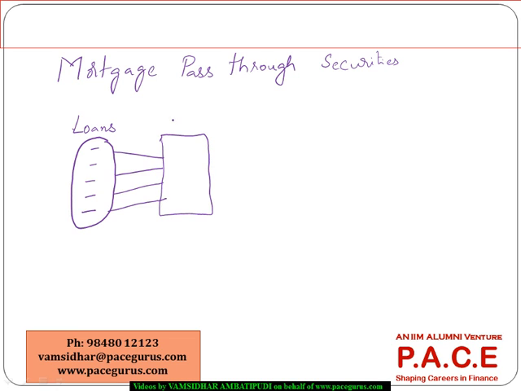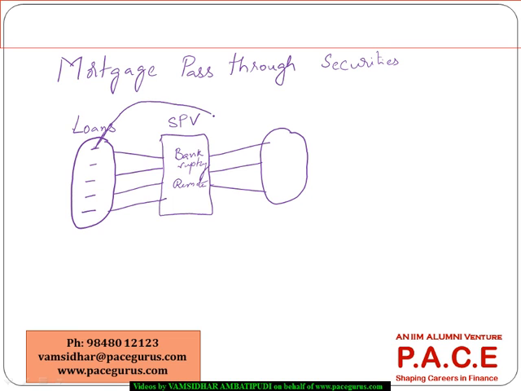This third party entity, called a special purpose vehicle, is generally bankruptcy remote, and this will issue the securities to the investor, and the cash flows from this underlying loan, the principal and the interest, will be paid as principal and interest to these investors.